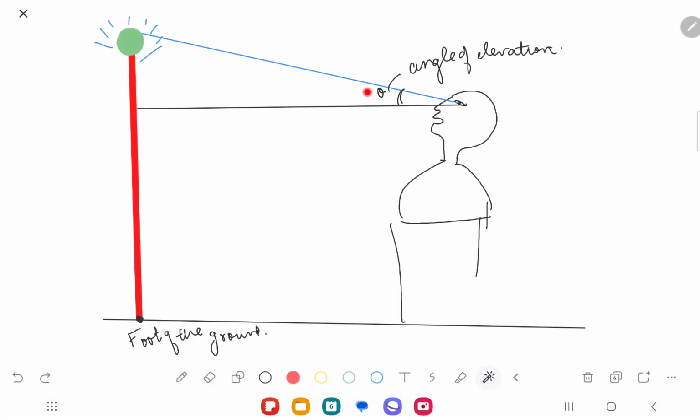If you are focusing at an even higher object, the angle of elevation from the line of sight shall be even bigger. You understand my point? So that is the concept.